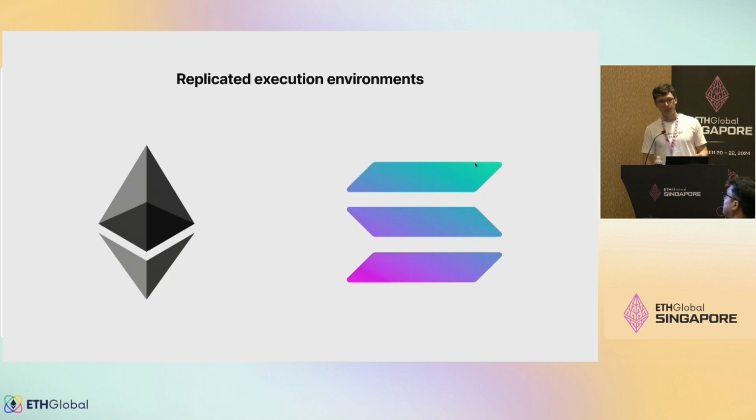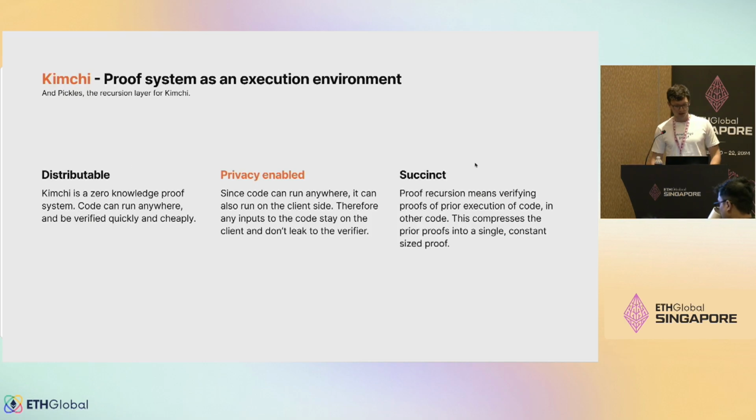Examples of replicated execution environments are Ethereum, Solana, Bitcoin, or any other blockchain that we know of out there. One of the most fundamental building blocks for doing that is Kimchi, a proof system native to Mina that was developed by Mina. We can use that to create the execution environment that we talked about.